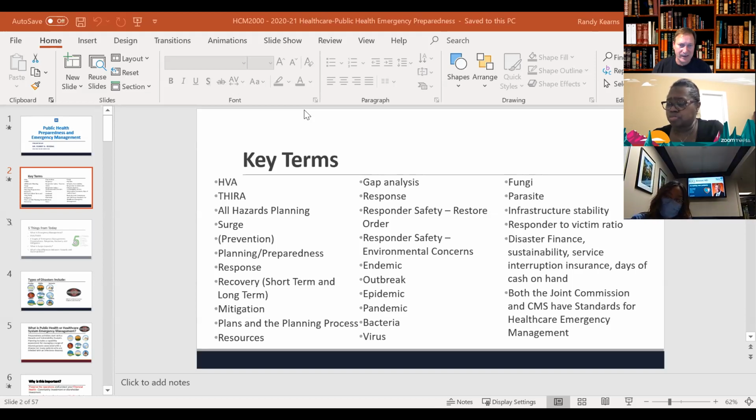And because we have a variety of antibiotics, it's a lot easier for us to control bacterial infections and stop them long before they become either outbreaks or epidemics or pandemics.